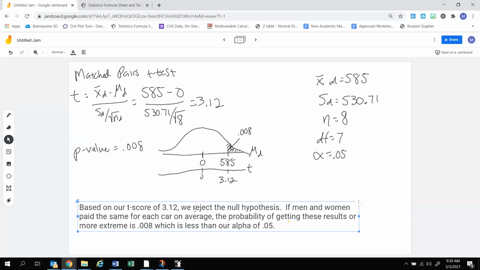So remember, second sentence, that puts our p-value into context, and then finally, we make our statement. There is evidence that women pay more on average for cars than men.